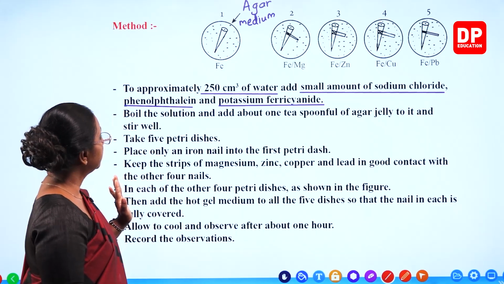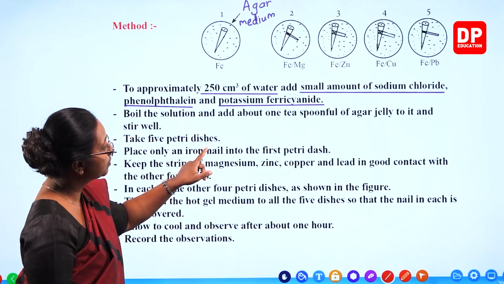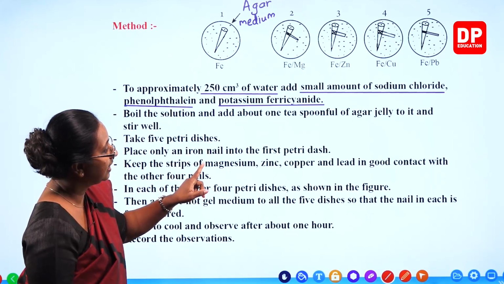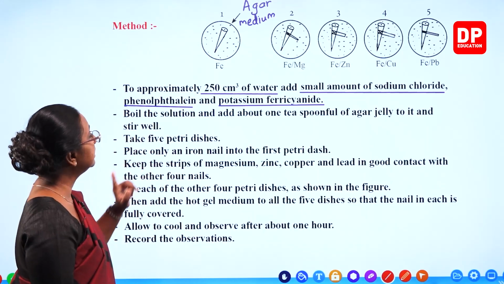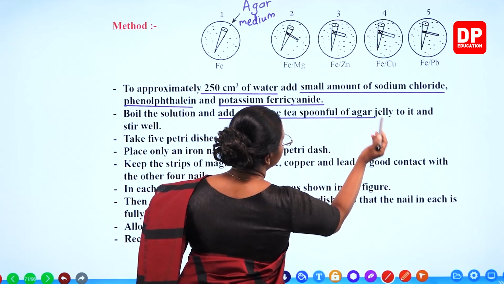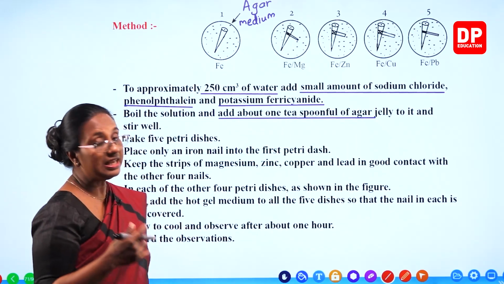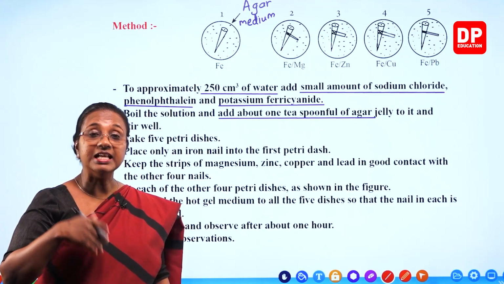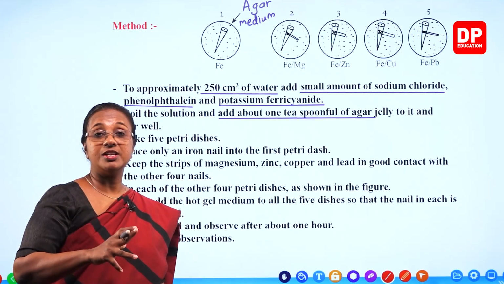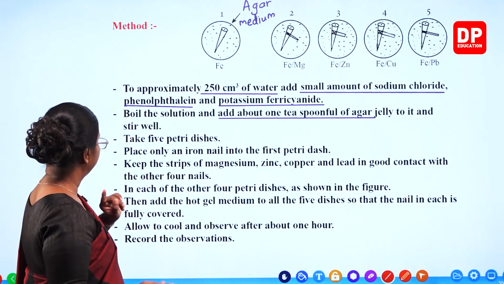Boil the solution, so you have to bring it to boiling, and add about 1 teaspoonful of agar jelly to it and stir well. Although here we say jelly, it is the powder that we are adding that will dissolve, and when it solidifies it becomes agar jelly. Then stir well.